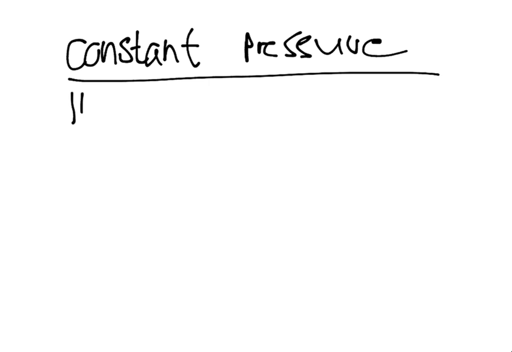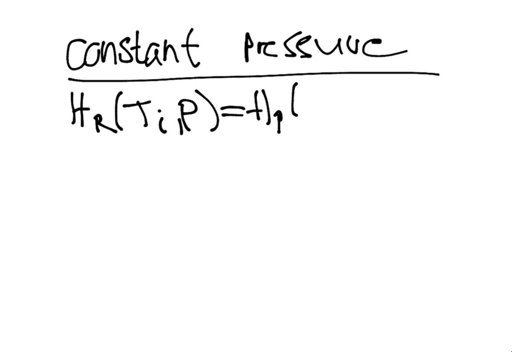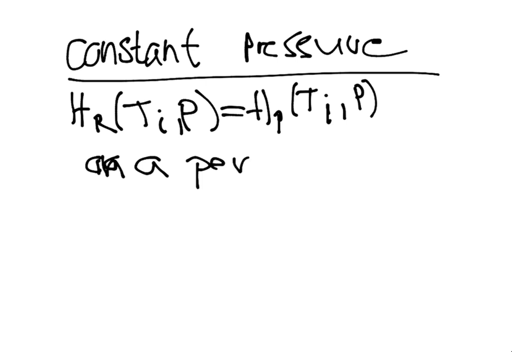So for constant pressure, as we can recall, H of the reactants as a function of temperature and pressure is equal to the enthalpy of the products as a function of temperature and pressure. And if we were to do this on a per mass basis, you would divide by mass.